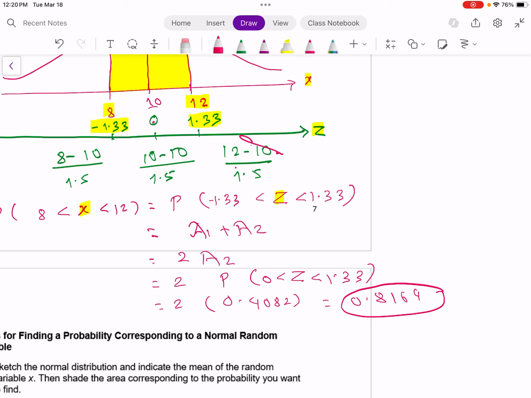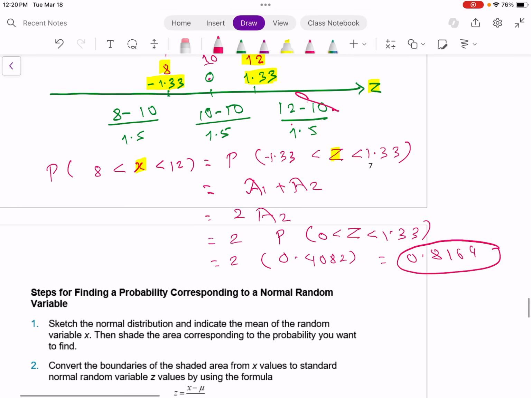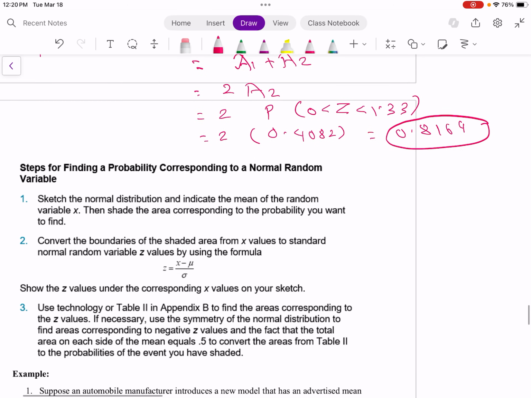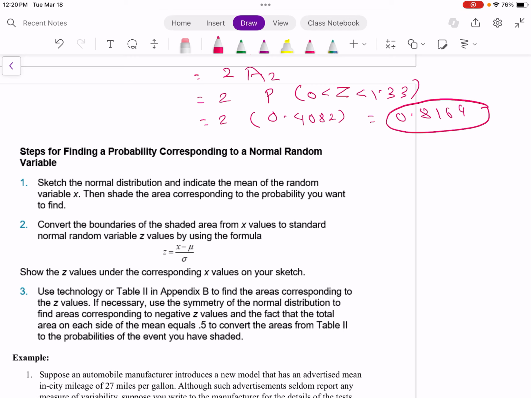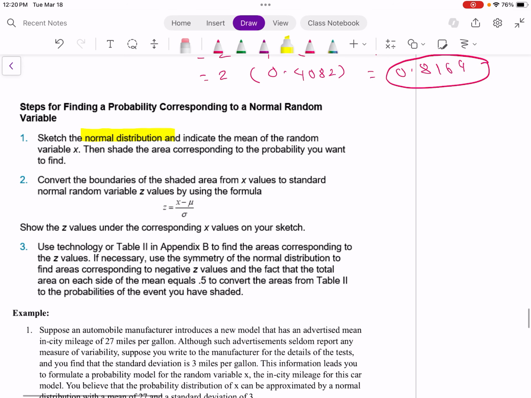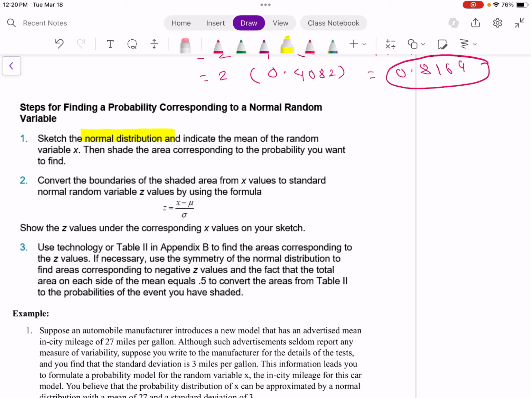Now let's see what we have next. These are the general steps. As I said, you always start by drawing a normal distribution. You indicate the mean of the variable.